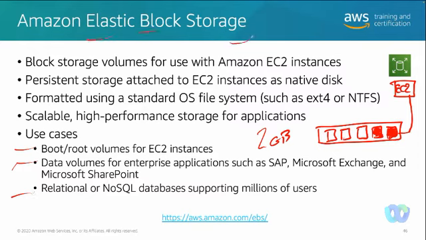So an EBS volume is presented to an EC2 instance, and you will see it at the operating system level. So you'll need to go and format the volume. You'll need to create a file system, and then you can use it. It can scale.